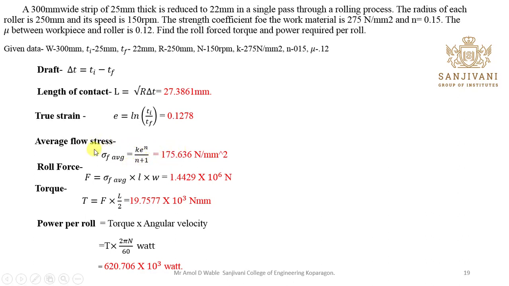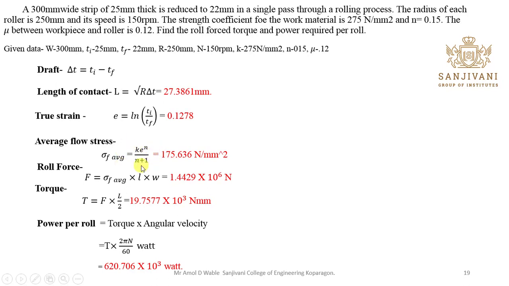Remember these two, because many students forget K e raised to n divided by n plus 1. Many students forget to write n plus 1. In forging only, we take the flow stress as K e raised to n, and in the rest of all the processes we take it as K e raised to n divided by n plus 1.